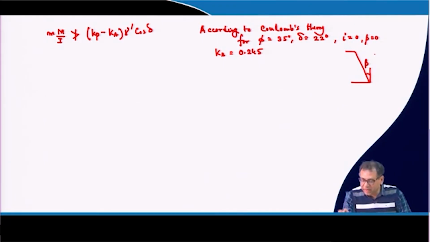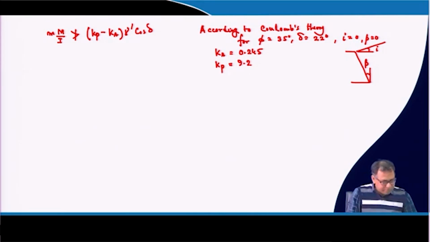So, beta is 0, i is 0, where i means the inclination of the backfill. So, here the backfill is also flat. So, i is 0, beta is 0, delta is 22 degree, phi is 35 degree. If you put these values in the Coulomb's equation, you will get Ka equal to 0.245 and Kp equal to 9.2.